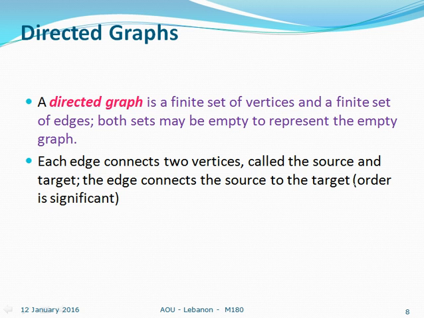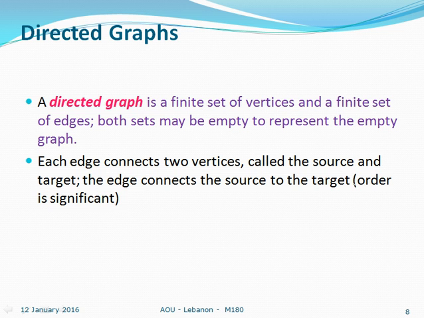Now coming to a directed graph, the formal definition is a finite set of vertices and a finite set of edges, whereas an empty graph has no edges and no vertices.